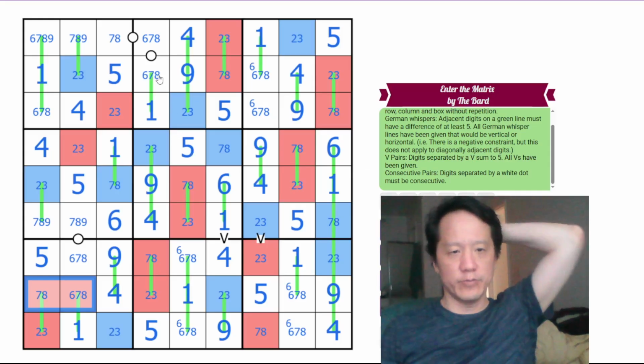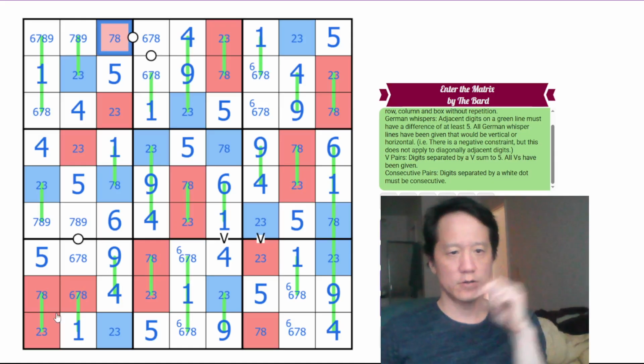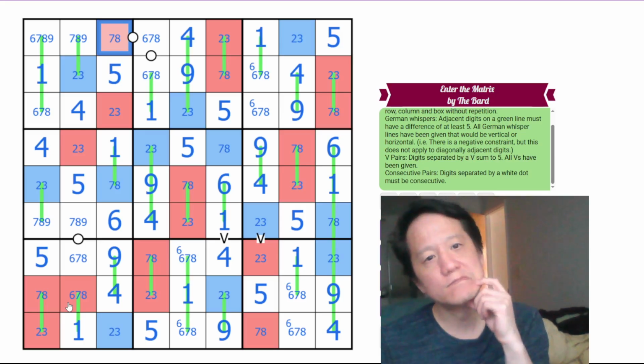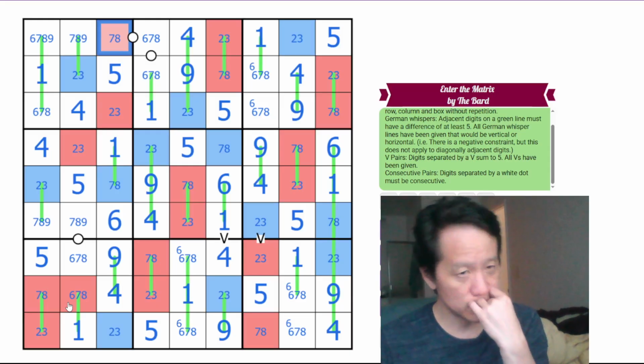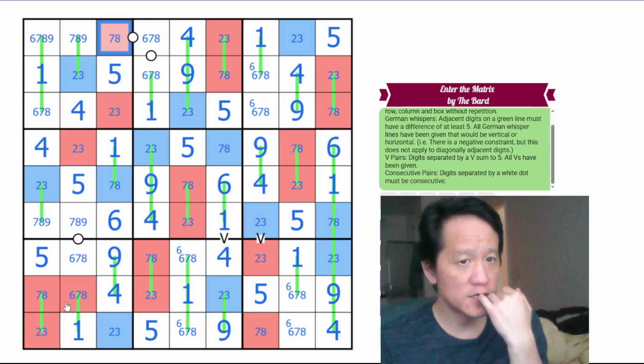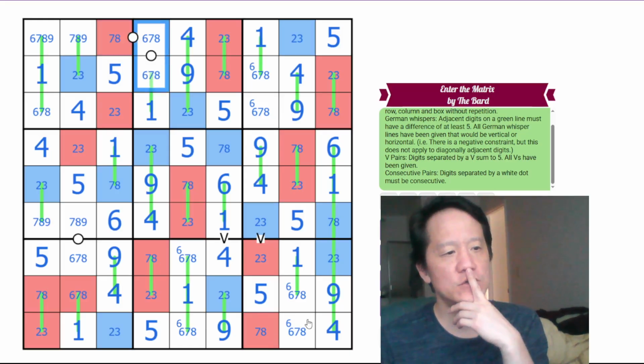Okay, this cannot be the blue 7 or 8, so this must be the red 7 or 8 here. So the blue 7 or 8 has to be one of these two.